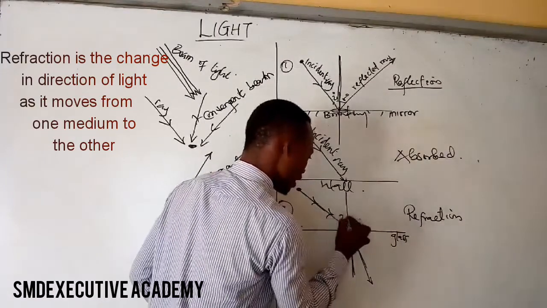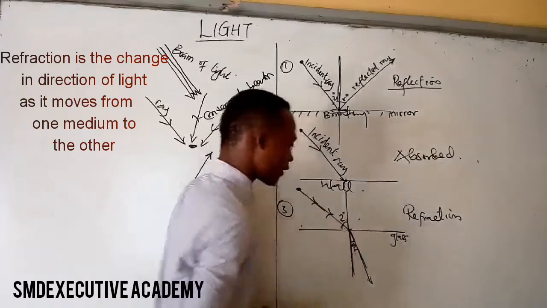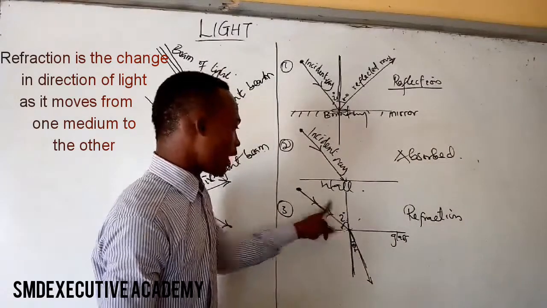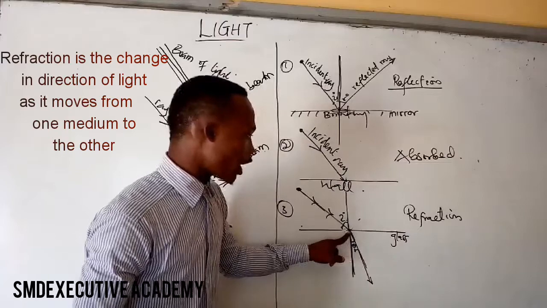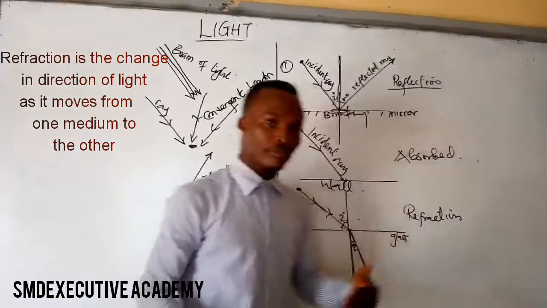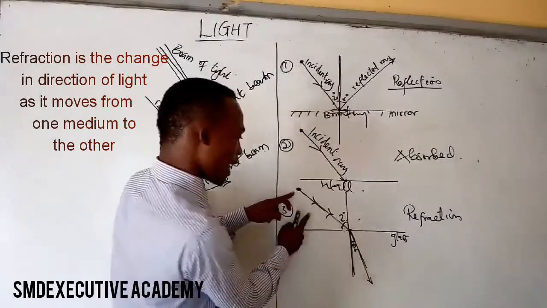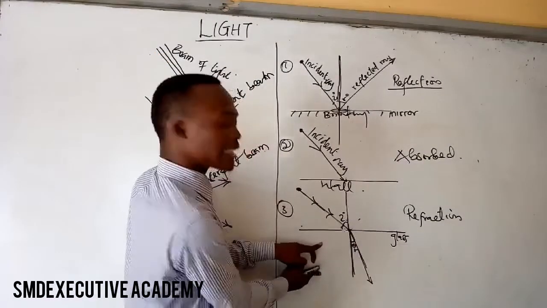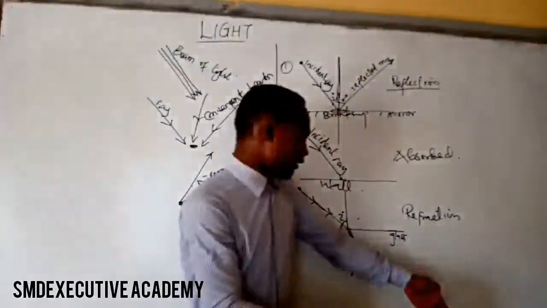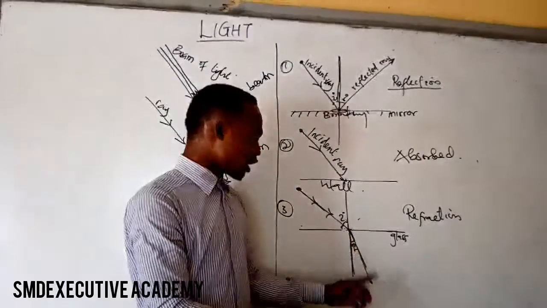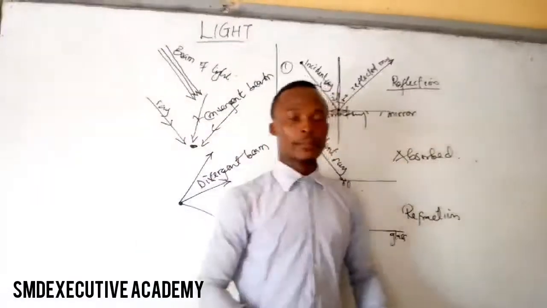The angle of refraction here is smaller, because it has changed medium. It is coming from an air medium to a glass medium, so it's going to deviate. The refracted ray is going to move closer to the normal.